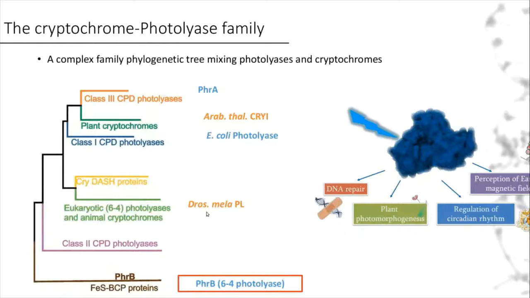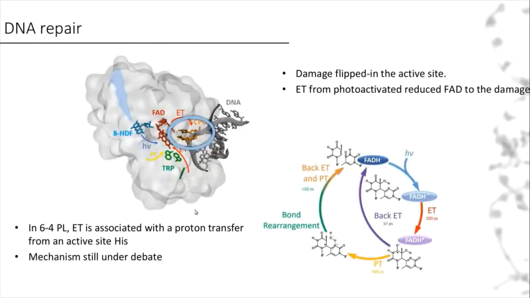Unfortunately, we don't have photolyase in mammals, but they are really efficient at repairing CPD if they are CPD photolyase, or 6,4 photoproducts if they are 6,4 photolyase. The damage is flipped in the active site, and then you have a flavin cofactor that can be fully reduced, and when the reduced FAD is excited, it can transfer an electron to the damage.